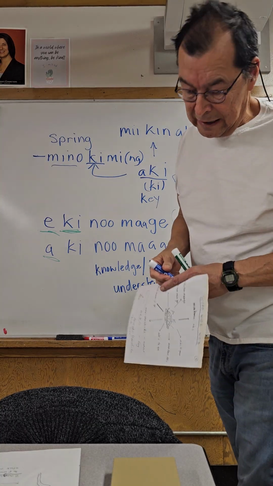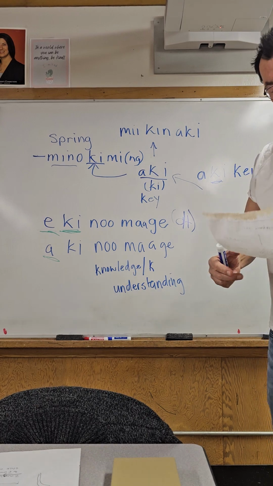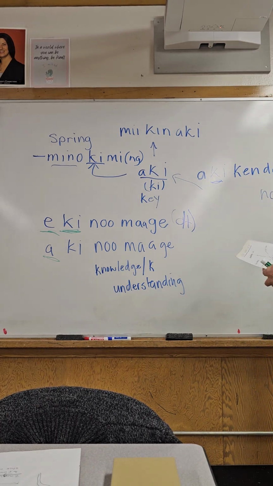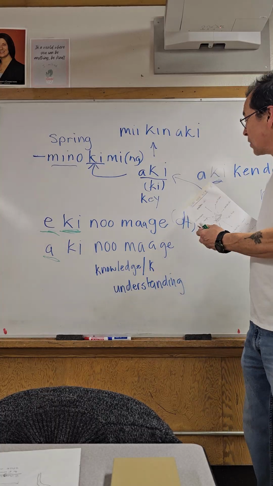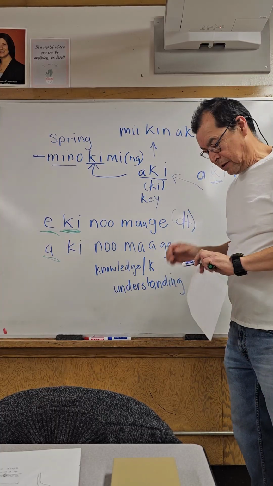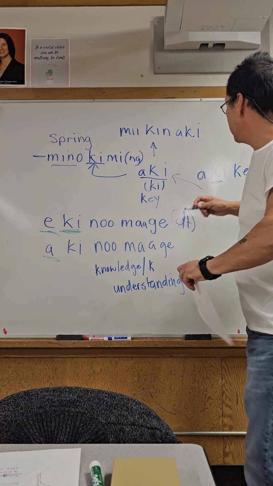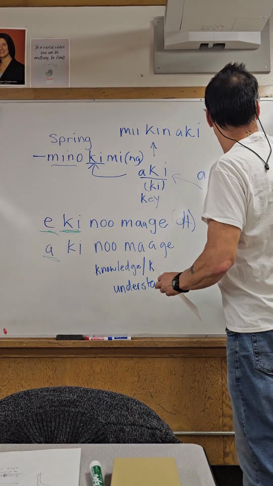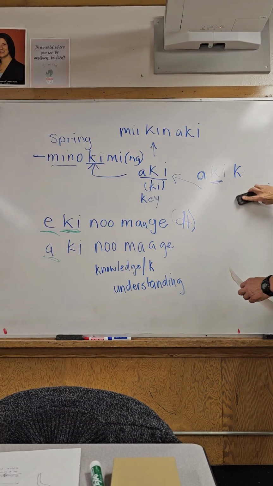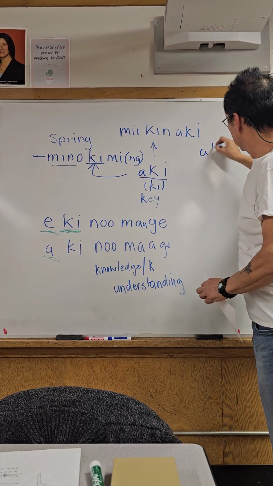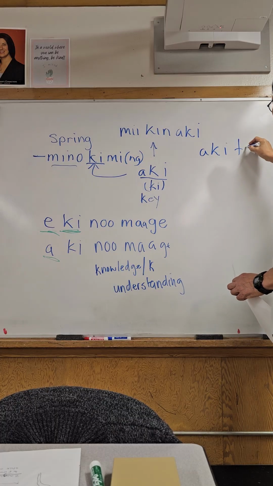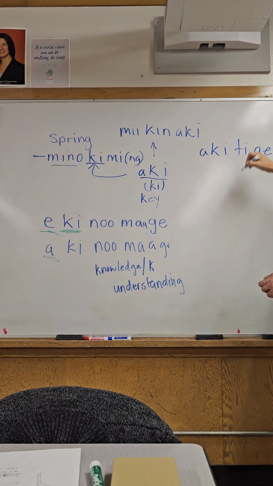And what else have we got here? Oh, look at my notes. So this is spring, Minokame. The word that is associated with springtime would be either kitige or kitigeden, which means to plant.